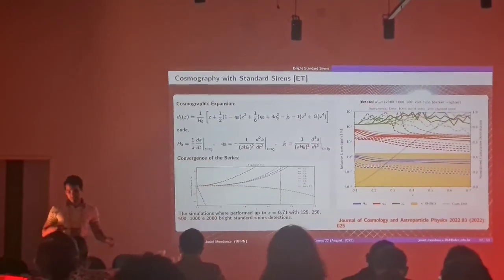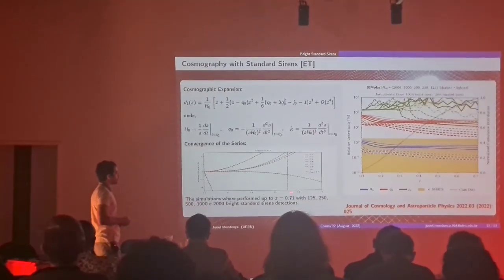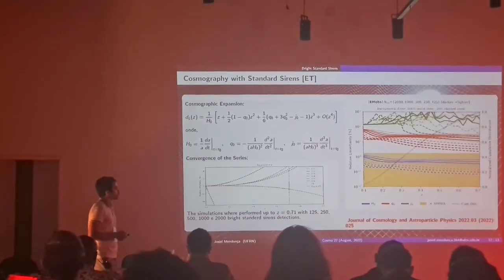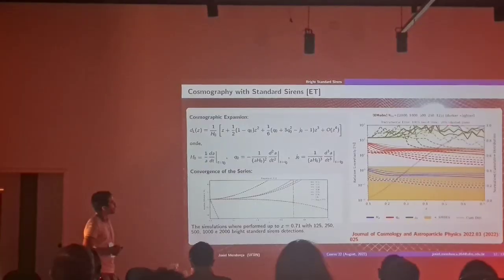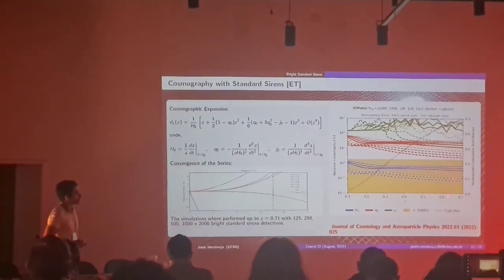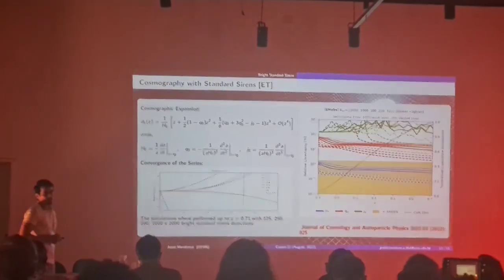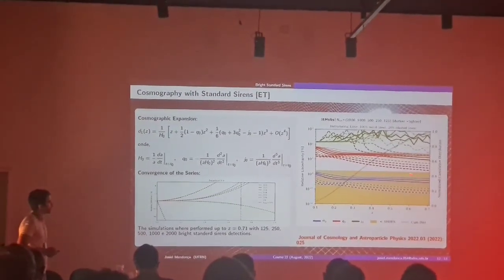That is, we are accumulating detections with the redshift up to a total number of detections. When the curve is darker, we achieve a total number of 2000 detections up to a redshift 0.7, and 125 when we achieve 0.7 redshift, this light curve here.